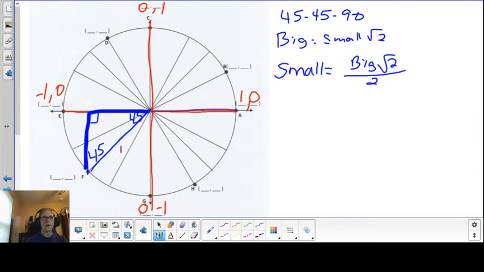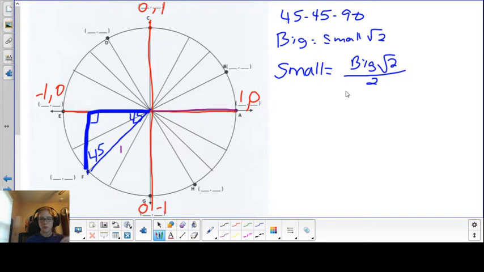If that's 1, we know that our coordinate points are my x value and then my y value. Aren't those the sides of my other triangle? So I can determine the coordinate point for F by using my 45, 45, 90. Well, what is 1? Is 1 my big side or my small side? It's my big side.